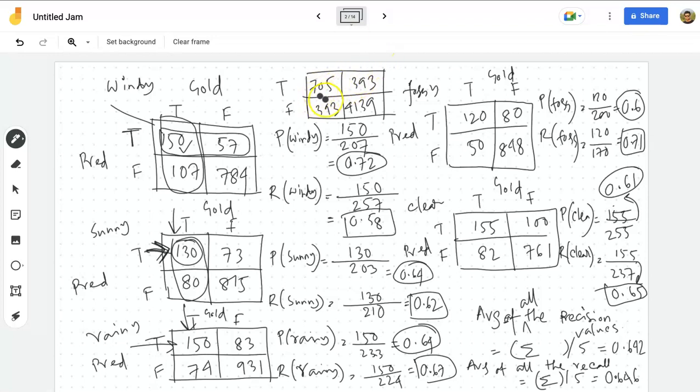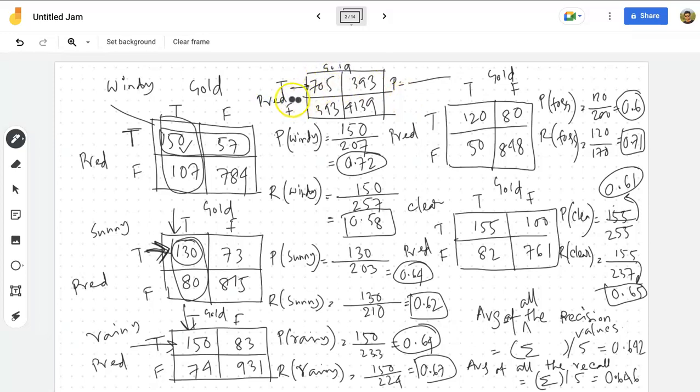So how to calculate the precision and recall? If you just remember, I'll remove a small space here. So basically, what will be the precision? Precision will be the total number of times your prediction... So this side is prediction, and this side is gold.